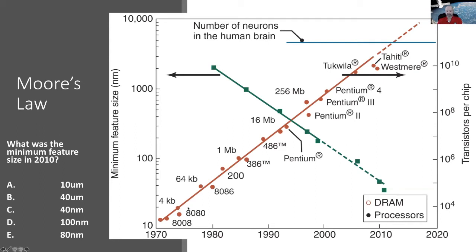And you can see we get up to the Pentium 4. That's when I stopped keeping track of all of these things. But in 2010, we were up to 10 to the 10th transistors per chip. It's kind of interesting, they put the number of neurons in the human brain up here. But you have to remember, it's a little different. You can't compare the brain with a computer chip in terms of computing power, because transistors only have one input and one output.